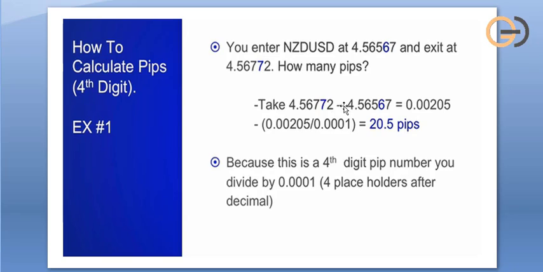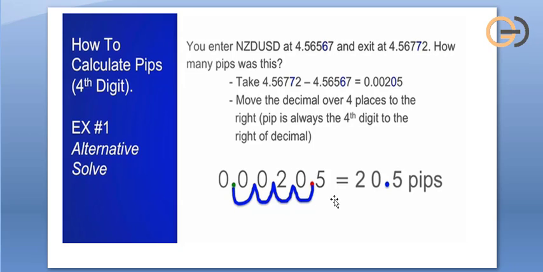Then you take 4 decimal places to get the number of pips that the price has moved. So in a market that has an entry point and an exit point, you subtract, then you move your decimal 4 places, and then you have the number of pips that the market has moved.